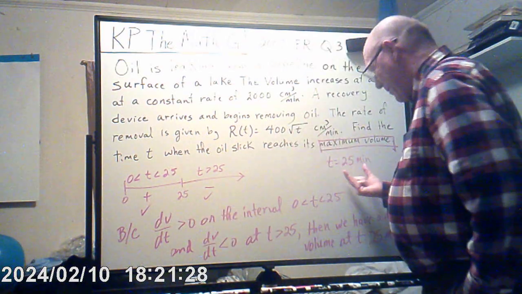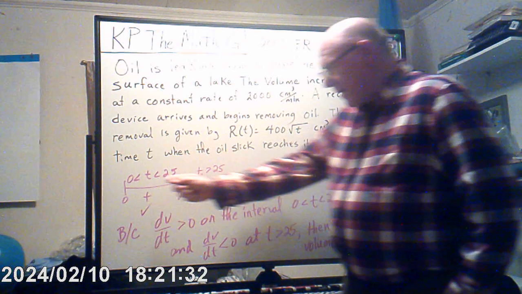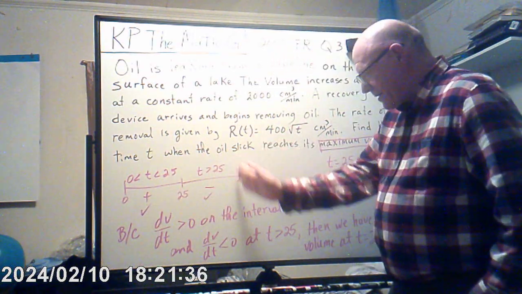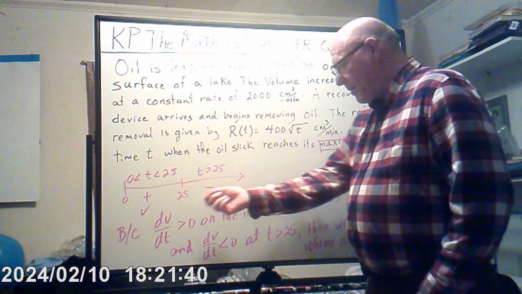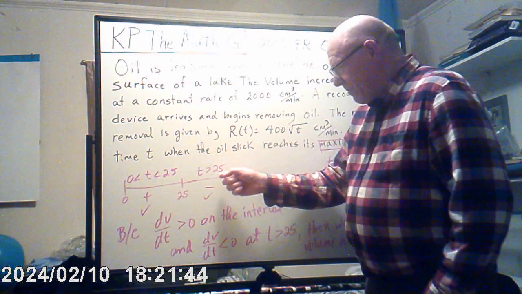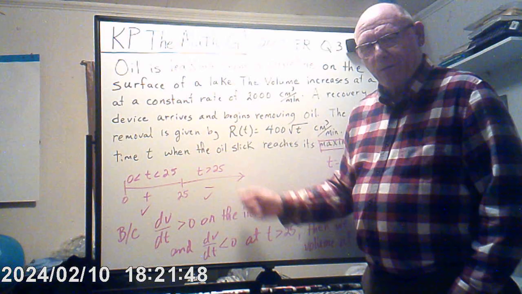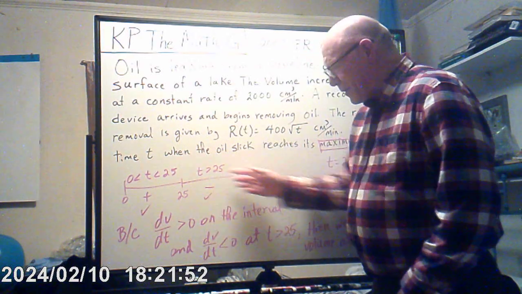If you get an answer, start at 0 and go to 25. Usually some problems may say from 0 to 60, then you would just say from 25 to 60, and find a number somewhere between 25 and 60. But in this case, you don't have an ending number here.